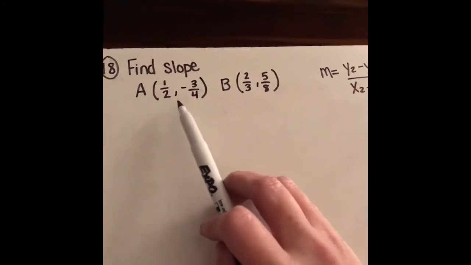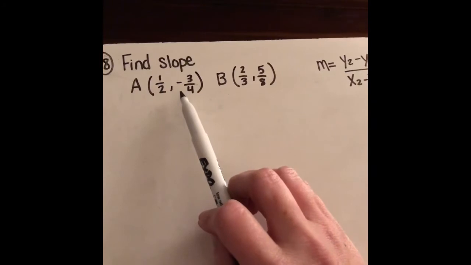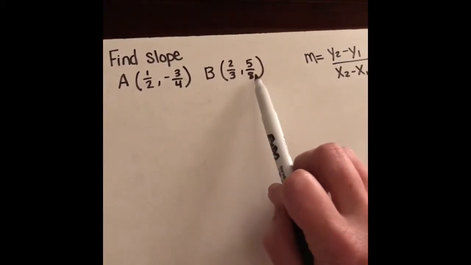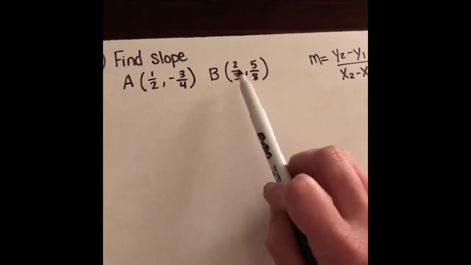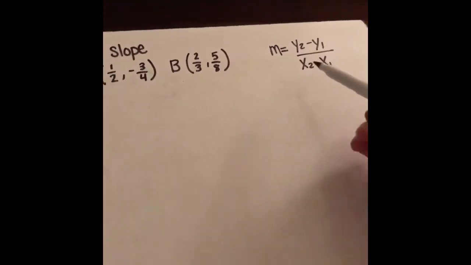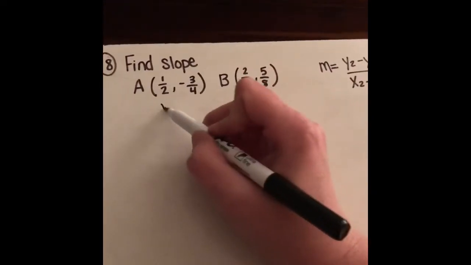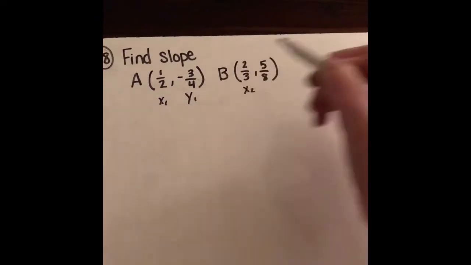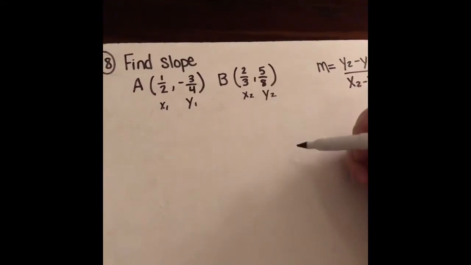And last but not least, I want you to find the slope if point A is 1/2 and negative 3/4, and point B is 2/3 and 5/8. We're just going to do the same: y2 minus y1 over x2 minus x1. So this will be our x1, this is our x2, this is our y1, and this is our y2.